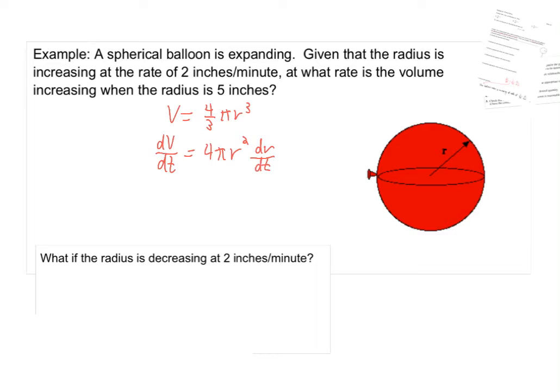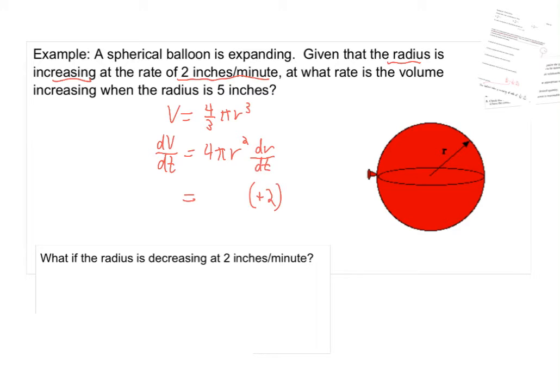Details of that are in a previous video. And we know that the radius is increasing at a rate of 2 inches per minute. That means dr/dt is a positive 2. I'm going to put a plus 2 in parentheses to emphasize that dr/dt is positive.